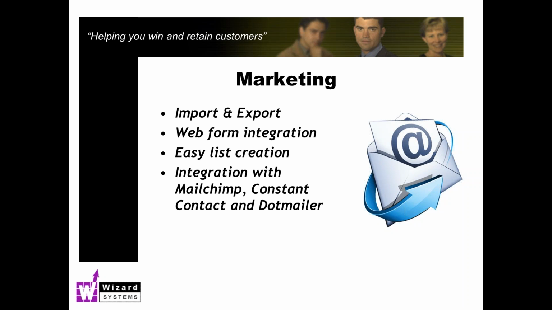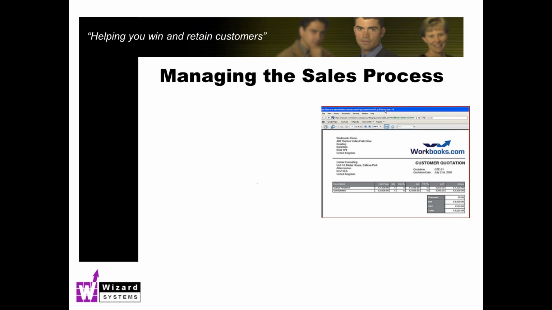It would deliver the email, but importantly, with the integration, automatically coming back into Workbooks, we can see against a customer's record what emails they were sent, what did they open, what did they click on, did the email hard bounce, so there was some problem with the email address, or of course, did they unsubscribe? We still have a record of them in the Workbooks system, but the system will prevent us mailing to that person.